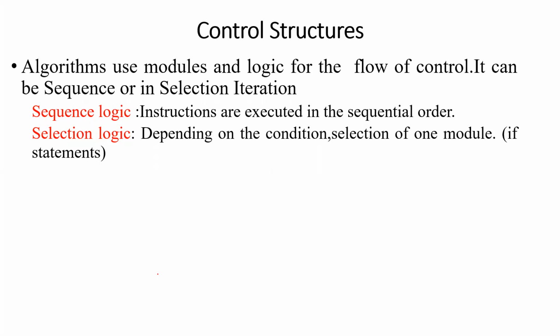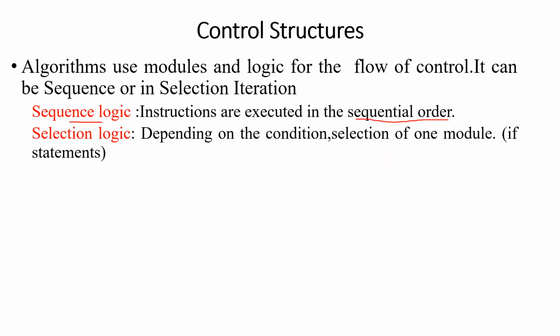All those branching and decision-making statements come under the selection logic. Got it? So algorithms use modules and logic for the flow of control. Modules mean like our functions that we write, and some logic for the flow of control of the program. It can be either the sequence logic or the selection logic. Sequence logic means program control will be moving from one line to the other. The instructions are executed in a sequential order.